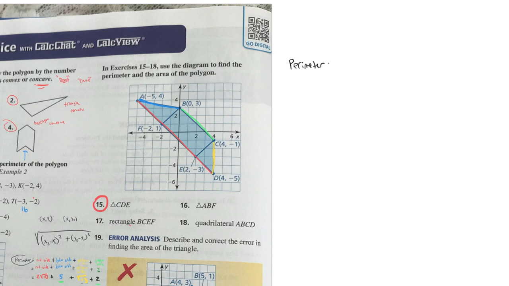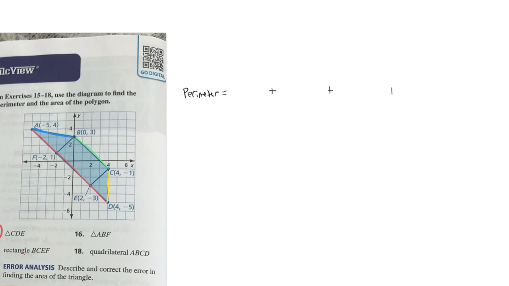But the perimeter is going to be the blue side plus the other sides. So I'll just do this for now because I want to keep it in the same color. 4 things. Yes. So it's going to be the blue side plus the green side plus the yellow side plus the red side.